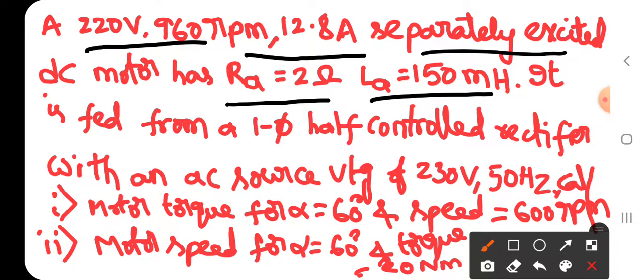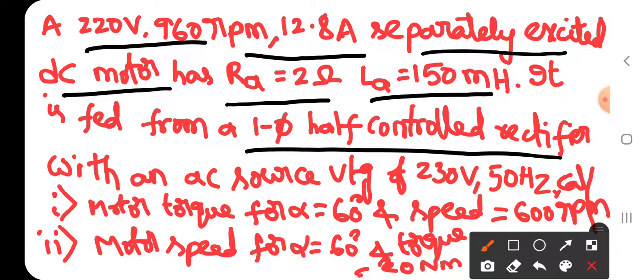It is fed from a single phase half controlled rectifier, that means we can also say a single phase semi converter, which is fed from 230 volts, 50 Hz single phase AC.